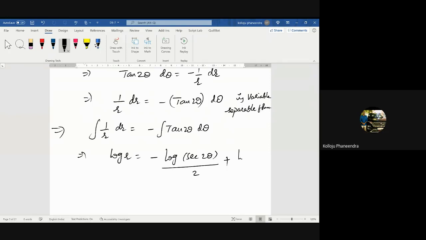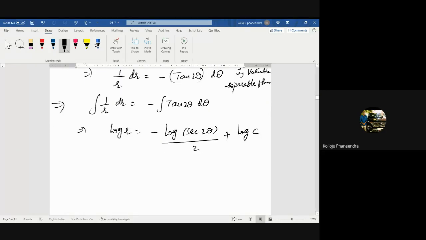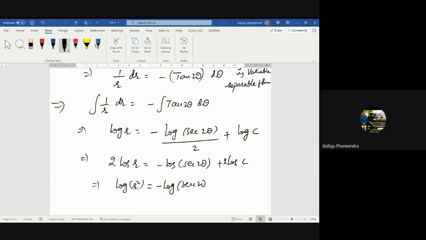Since every term is in terms of logarithm, take the constant also in terms of logarithm. I will take 2 as LCM. So this is minus log secant 2 theta plus 2 log c. So log r square equal to minus log secant 2 theta plus log c square.